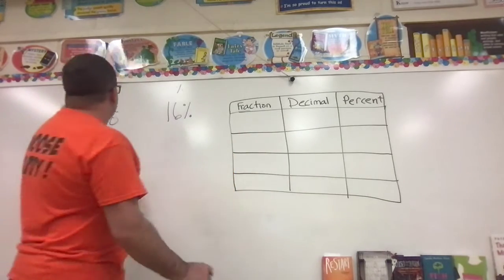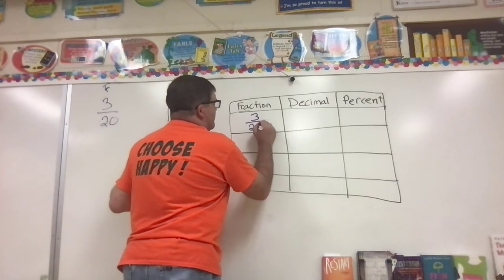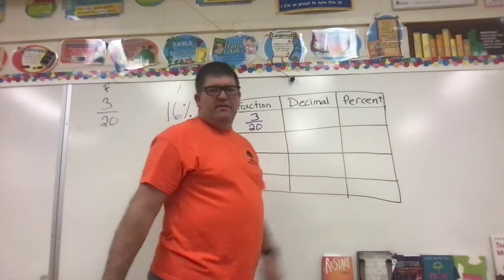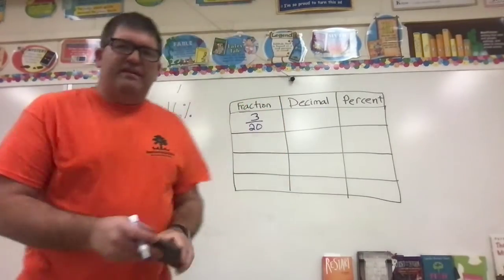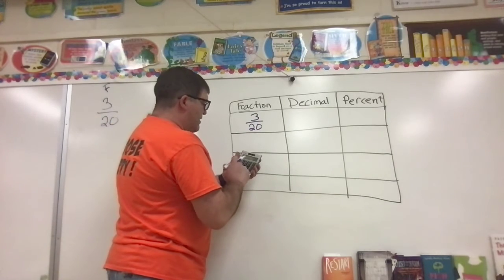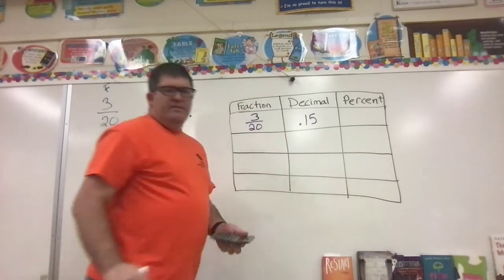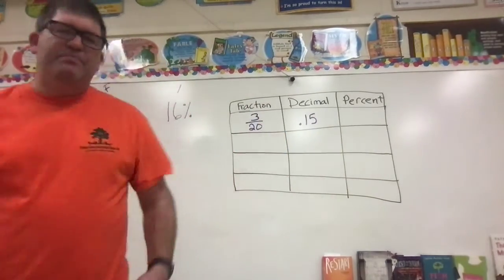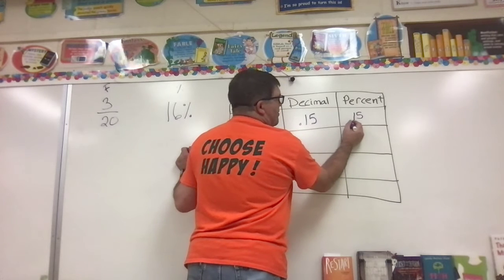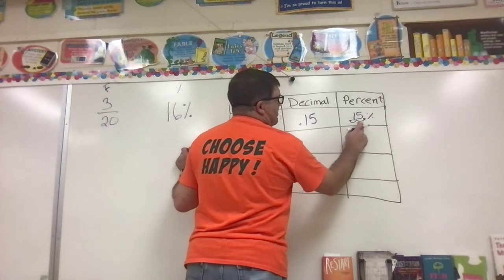So if I have 3/20 over here and I want to get this to a percent, I always go through decimal. So I go 3 divided by 20, which is 0.15. And then once I get to my decimal, I put that down, then I move over 1, 2, and I put the percent symbol.